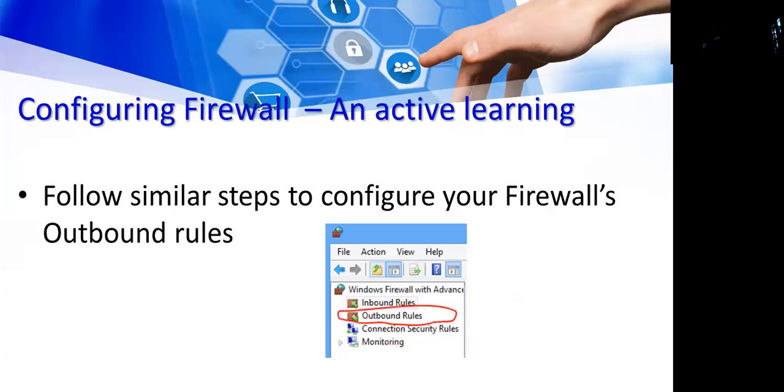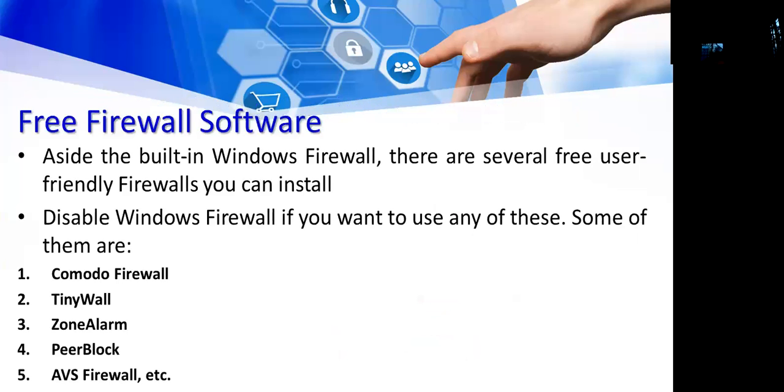So follow similar steps to configure your firewall outbound rules. It's very similar. When you say outbound rules, it's just the rules for any communication coming from my system to the external network, the rules that I want to apply to them. So you can set that also.